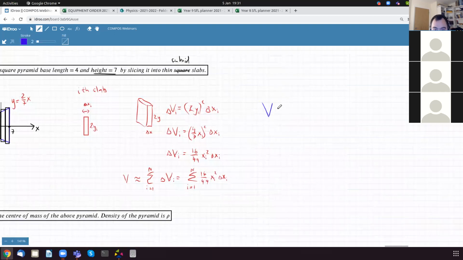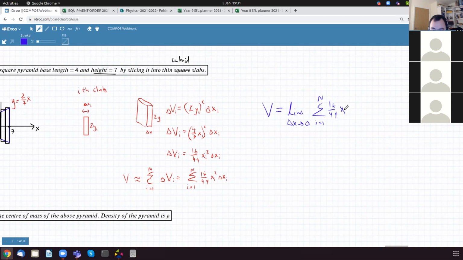So the volume is strictly equal to the limit of delta x tends to 0 of the sum of i equals 1 to n of 16/49 xi squared delta xi.